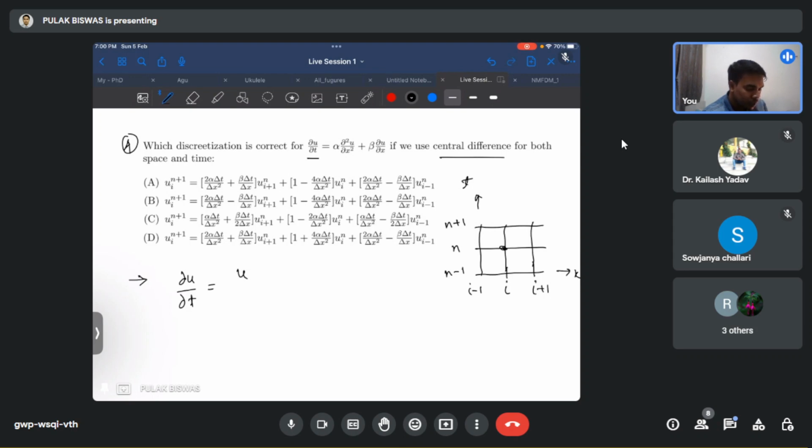So at the ith position, the central difference formula, what is it? Can you tell me? N plus 1, yeah, minus u i th n minus 1, by 2 into delta t.